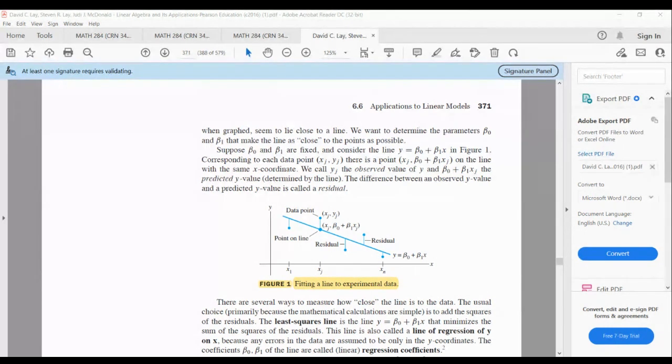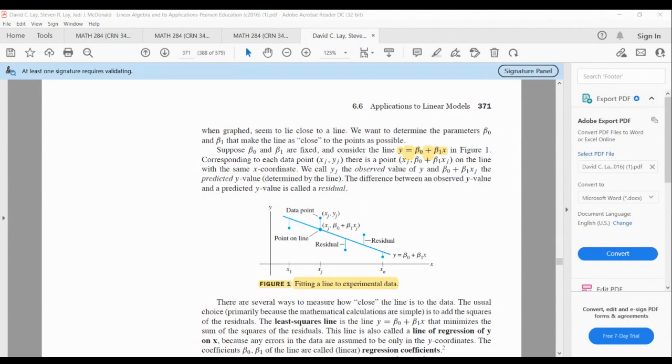Now, what we're trying to say is we observe, for a group of individuals, a variable.